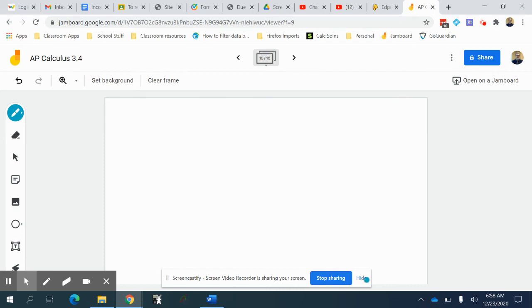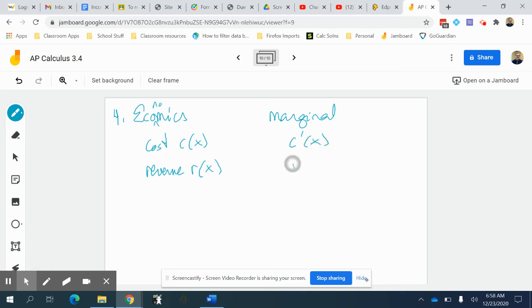And finally, economics. We've usually got a cost function, C of x, we've got a revenue function, R of x, and then marginal cost and revenue, C prime, the derivative, or R prime, the derivative of that.